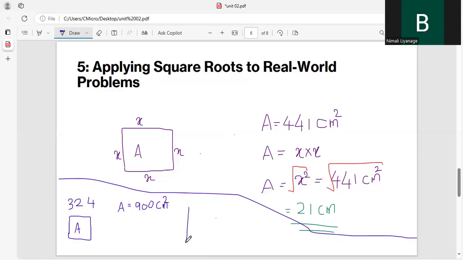So, the courtyard consists of tiles. This number of tiles, all are square tiles.